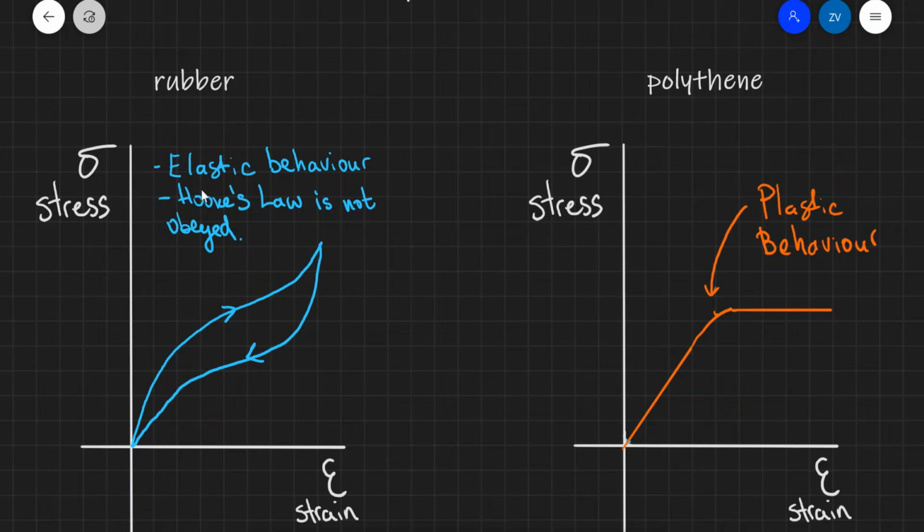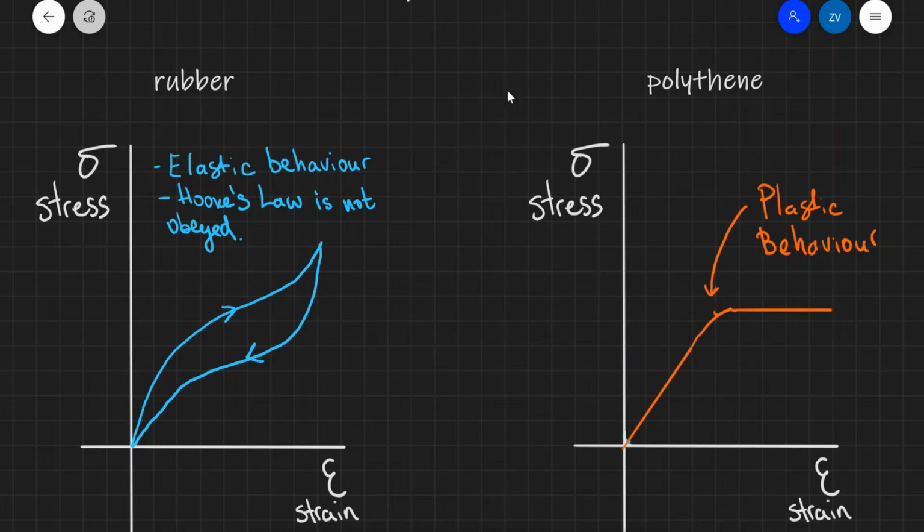Notice that this will have elastic behavior. This means that the material will return to its original shape after the force that's been applied has been removed. In general as well, Hooke's law is not obeyed. We can see that this graph is not a straight line through the origin. Notice that some energy will be lost in the process, normally as heat.